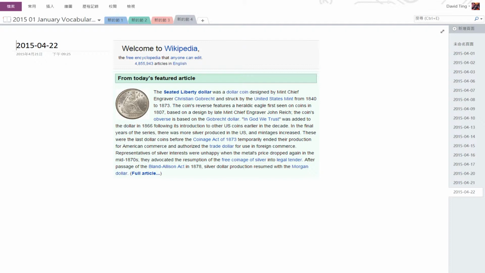Okay, let's go for the second vocabulary of the day. Obverse. Obverse. Obverse. Okay, if you know how to spell those two words, please write them down.